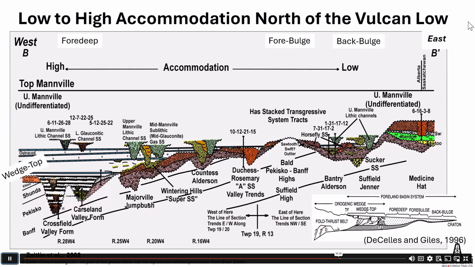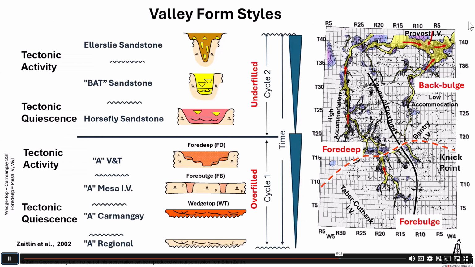So to try to pull this together, what we're trying to show is what's happening and what's the distribution of the different units in relation to the foreland basin model. We know based on the chemostratigraphy and the petrography that we have a couple of different cycles. We see that we have different types of channel systems in through there, and it's organized in this unit.